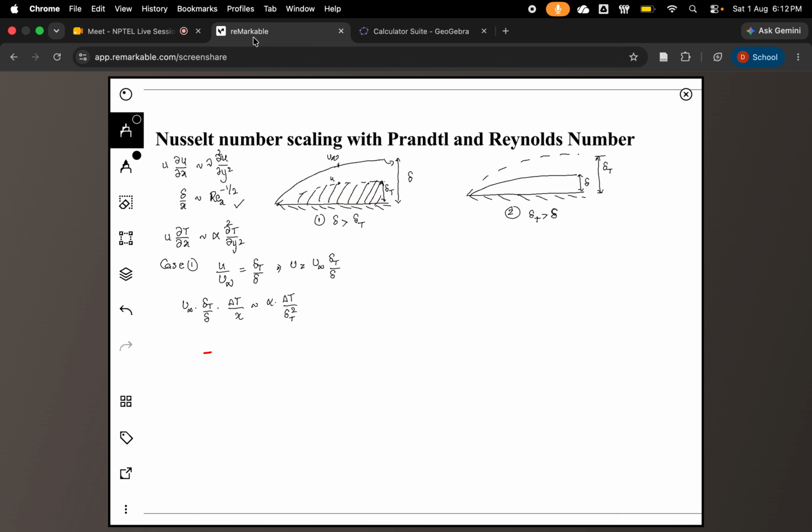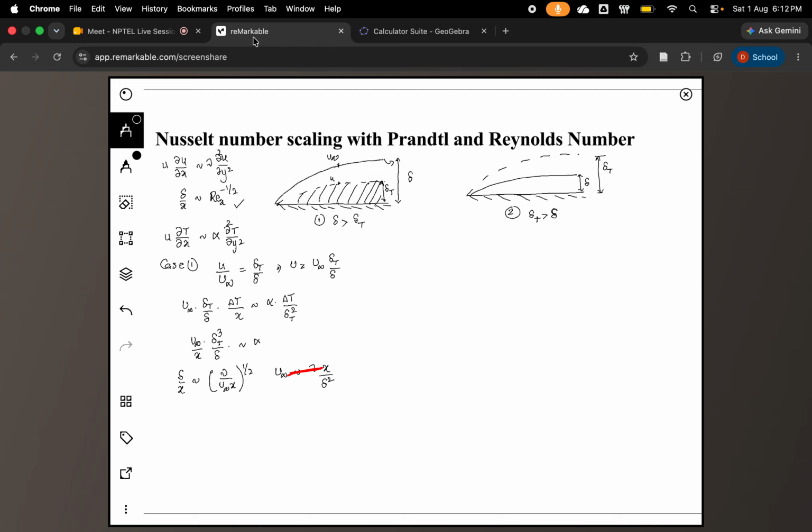So now we can do a little rearrangement here. u infinity times delta t cubed by delta by x should be scaling as alpha. And you already know that delta by x is scaling as nu by u infinity x to the power half. So I can get from this u infinity scaling as nu times x by delta square.